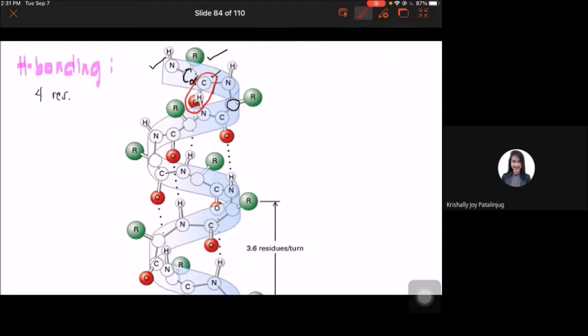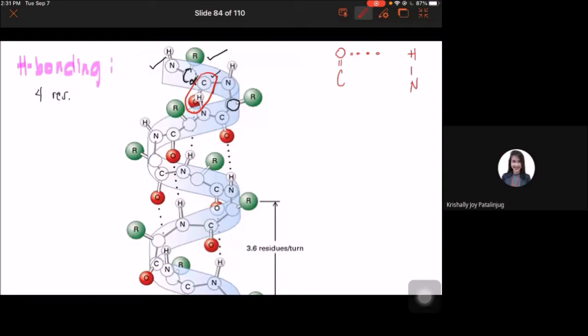And take note, nabubuo yung hydrogen bonding sa mismong electronegative atom oxygen towards hydrogen of another residue. So, yan yung starting point amino acid. I repeat, etong hinighlight ko, yan yung carbonyl oxygen.